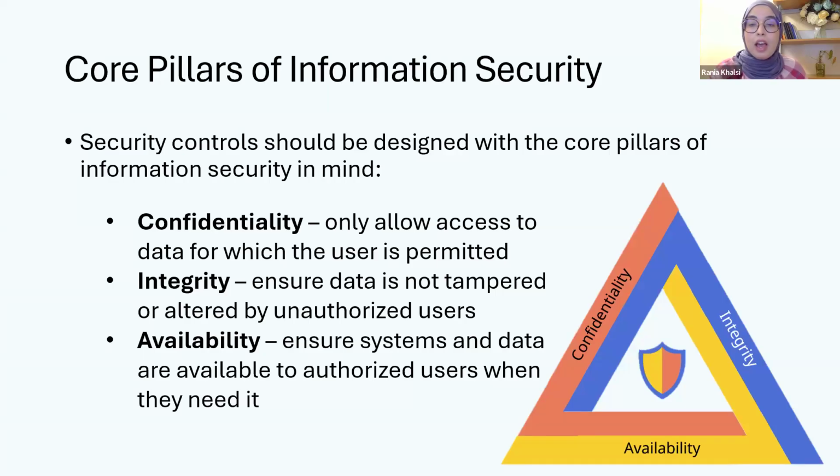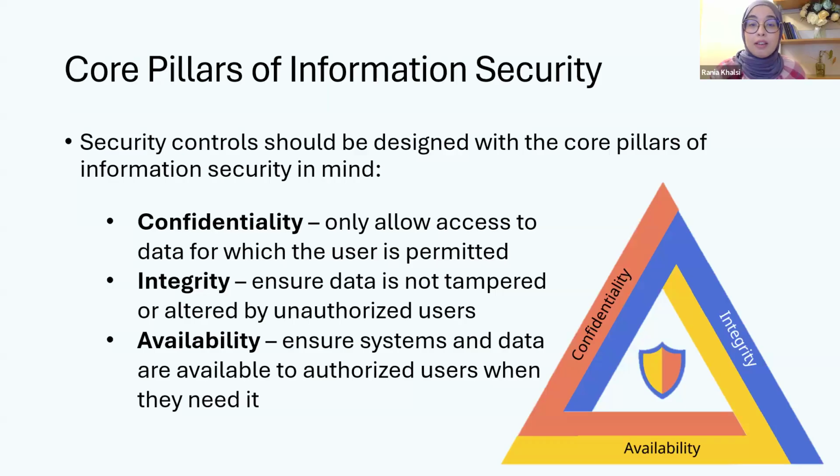The first pillar is confidentiality. This means that data should only be accessible to users who are authorized to see it. In practice, this involves authentication, access control, and permissions.